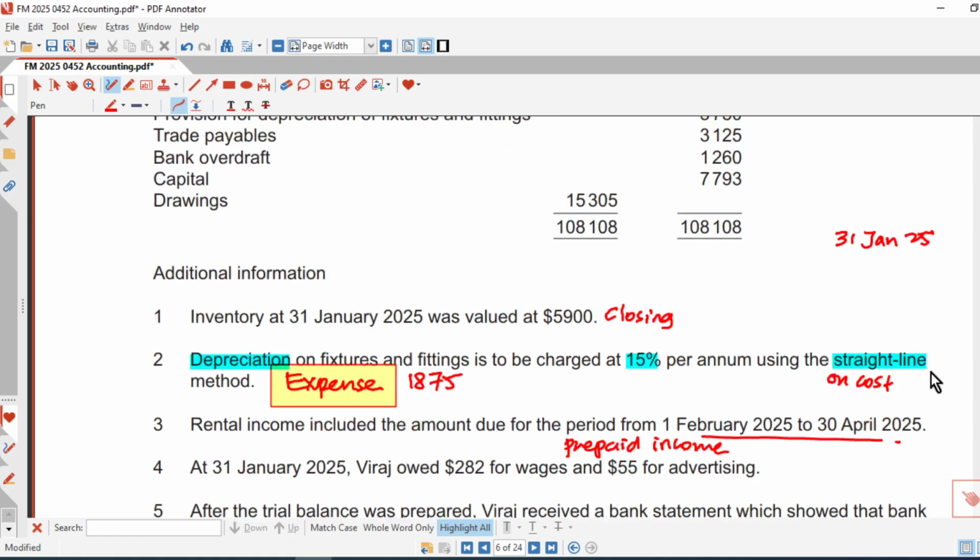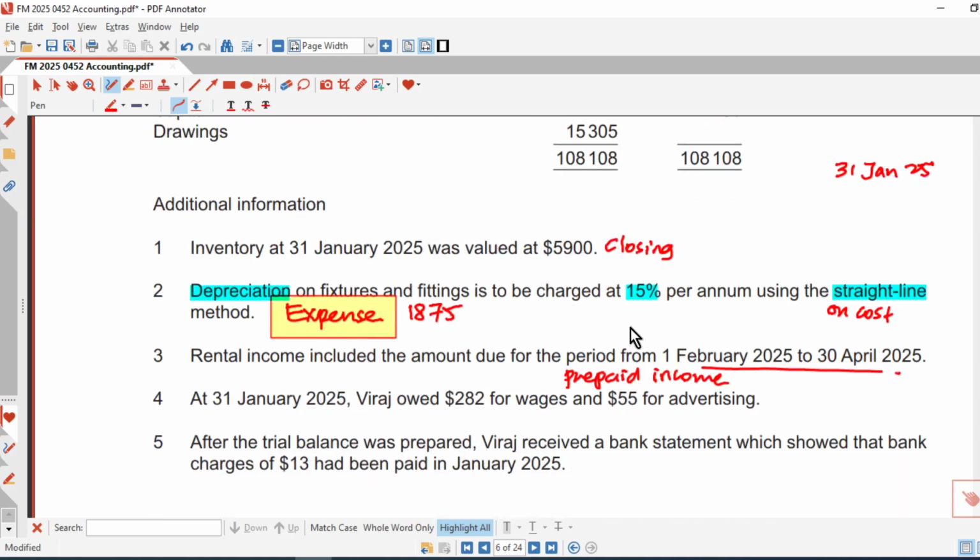Since this is a prepaid income, what do we recognize? A current liability. Why is it not a current asset? I'm sure some people are going to say that. It's a prepayment, shouldn't it be an asset? Well, you have to look at the point of view. For this case, we are looking at rental income.